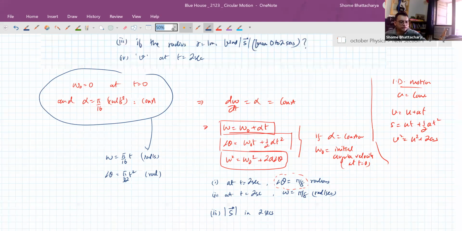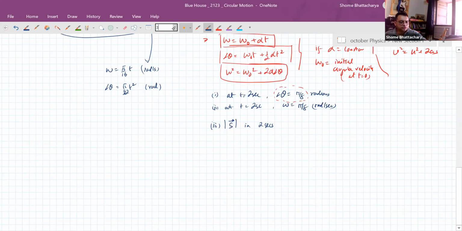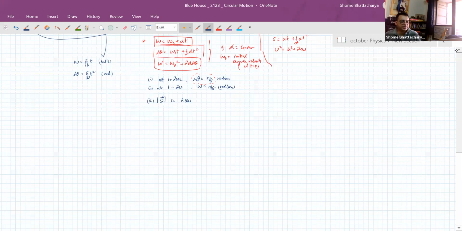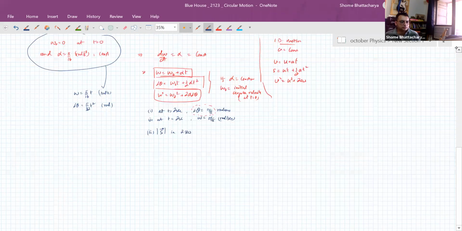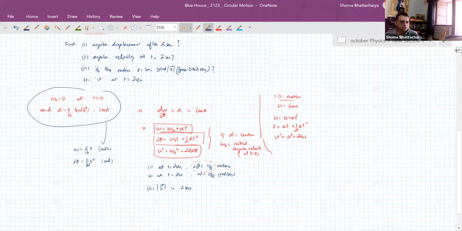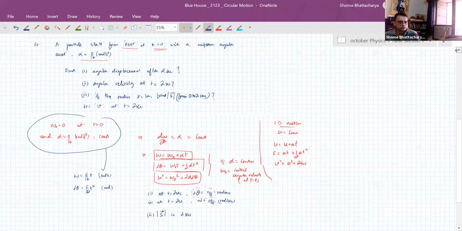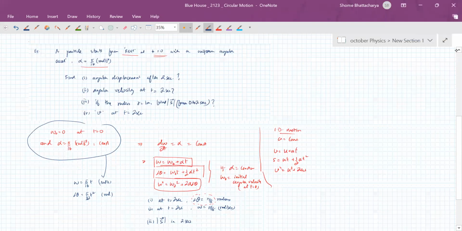No, the answer is not correct. The hint to you is to just draw the diagram of the circular motion, and understand that pi by 8 is how much actually? 22.5 degrees, no? Yes, sir.